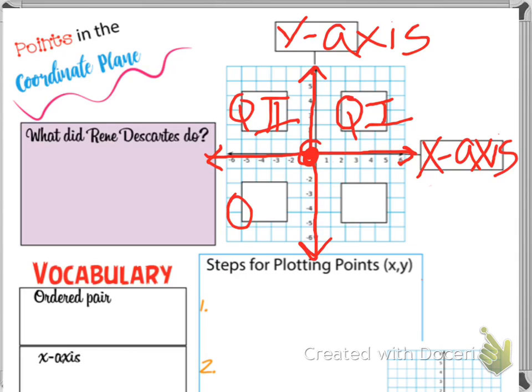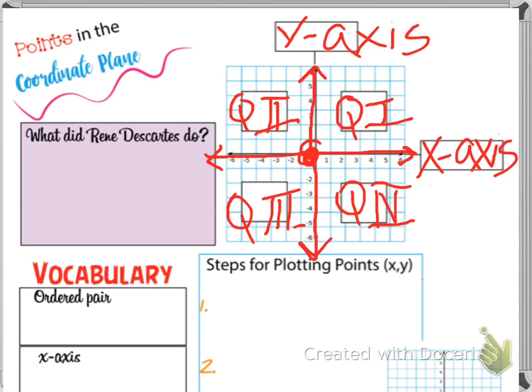Continuing down here, we have quadrant 3. And the coordinates in the ordered pairs for every point in quadrant 3 are going to be negative. Both coordinates, your x coordinate's going to be negative, your y coordinate's going to be negative. And then right down here in quadrant 4, the x coordinates are going to be positive and your y coordinates are going to be negative.